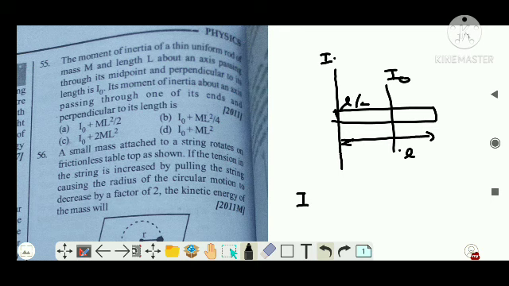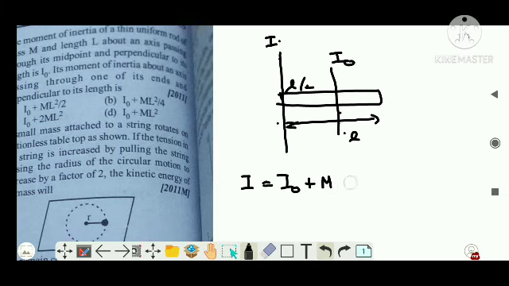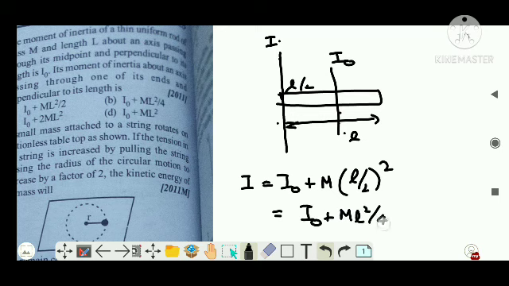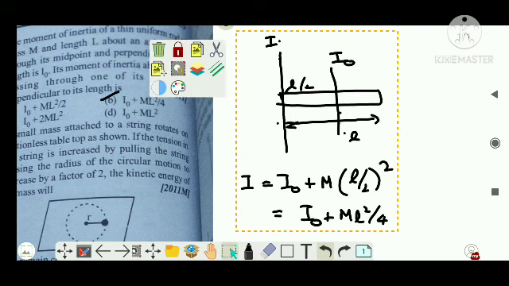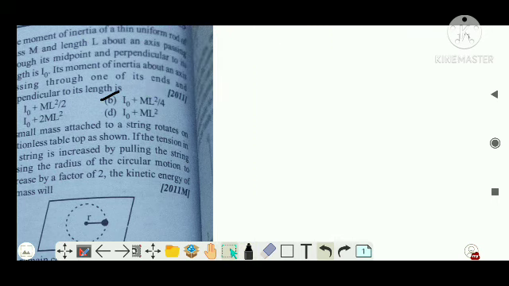So I, that is unknown moment of inertia, is equal to known moment of inertia plus mass m into distance between these two axes, that is the parallel axis theorem, right? That is L by 2 whole squared, right? You will get I naught plus mL squared by 4, right? Clear? Very easy question. Need not have that much difficulty while solving the problem.